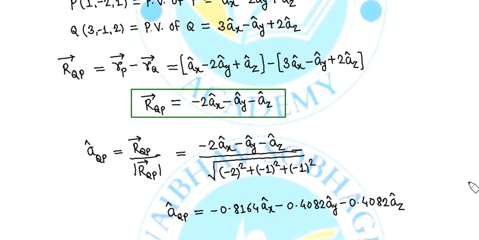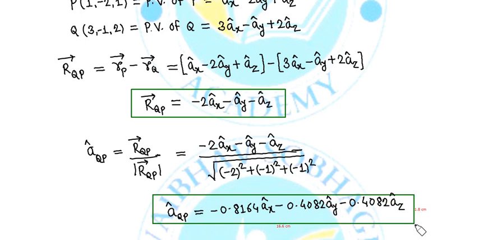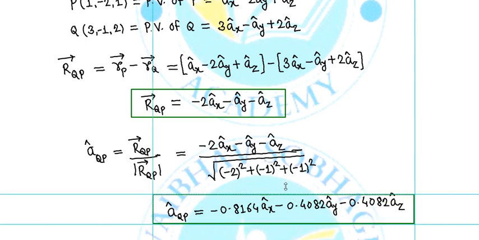So this is your answer. That gives you the unit vector which is directed from point Q towards point P.